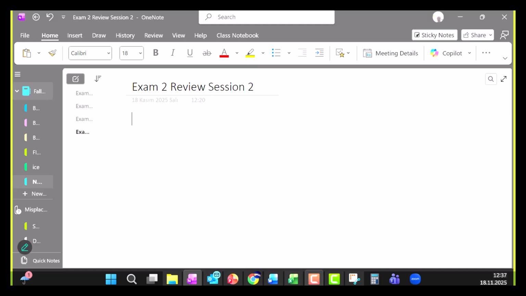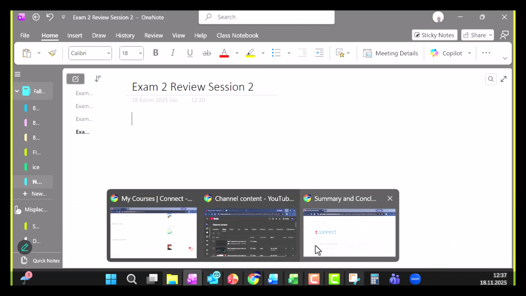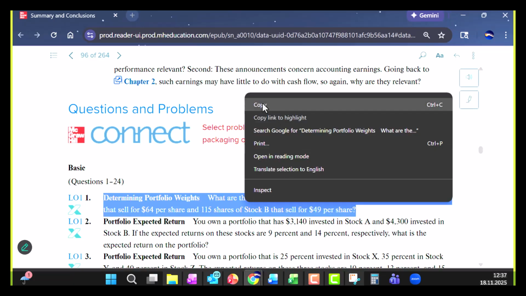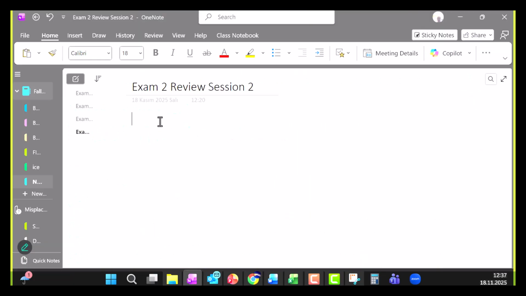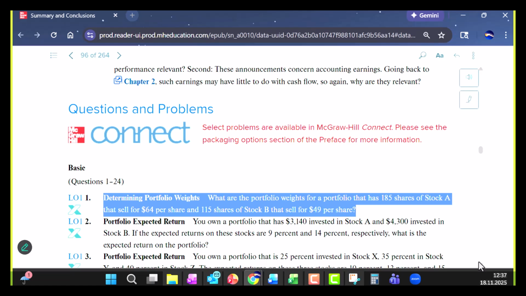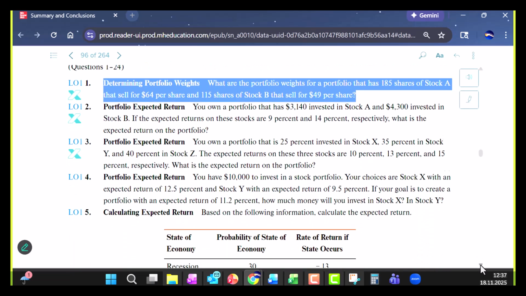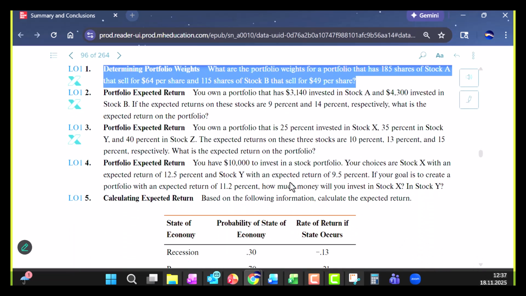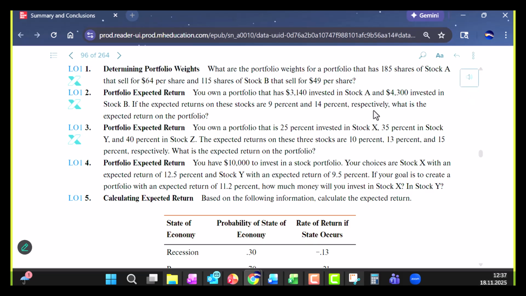No, it doesn't. So I'm going to have to take a picture of it. So let's do these four.